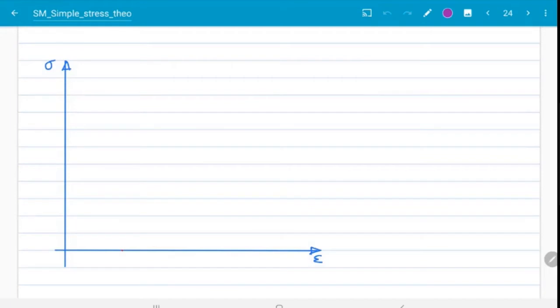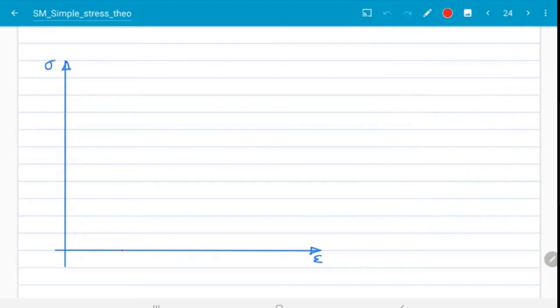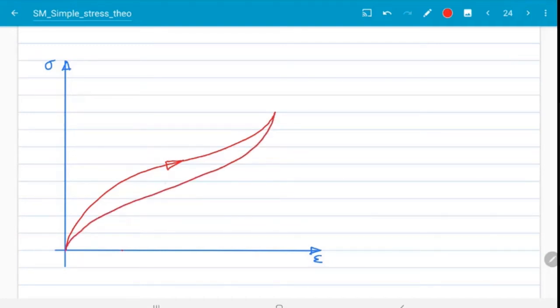So next we are going to draw the stress strain curve for rubber. Right. See, this is the forward curve, right? While loading, we are getting this kind of stress strain curve. Right? While unloading, this is the curve.